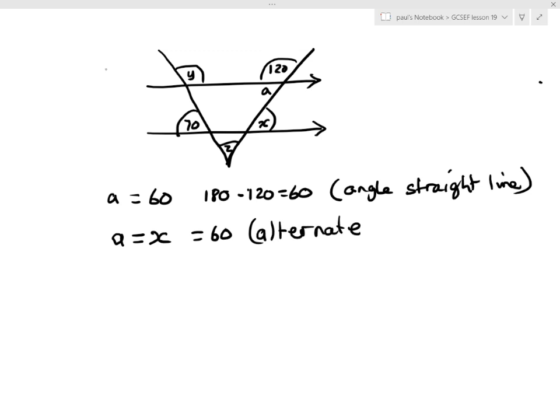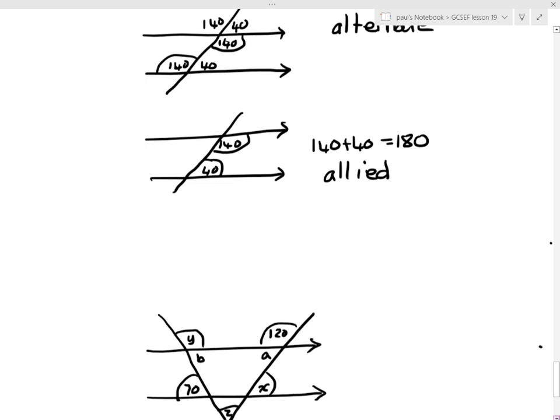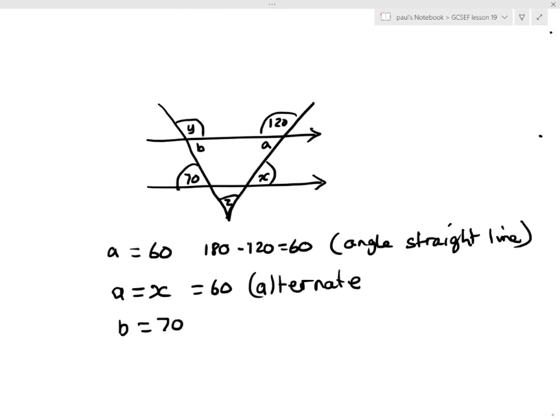Good. Now, what about this Y? So we'll call that B. So B equals 70 because, can you remember, it's an alternate angle, exactly the same as the X and the A. So B equals 70 because it's alternate again.